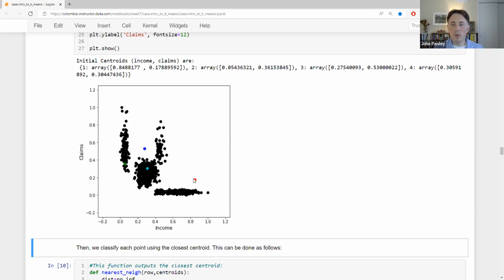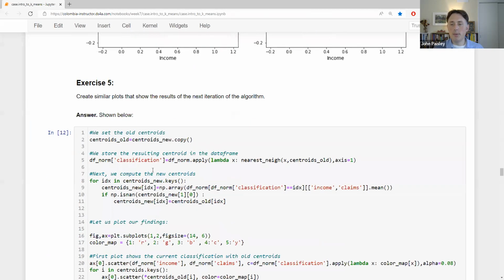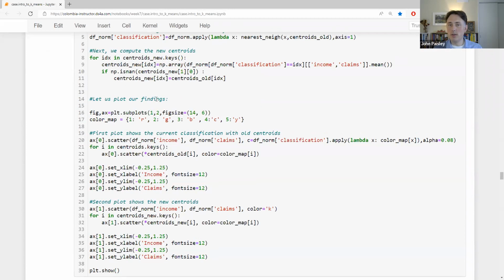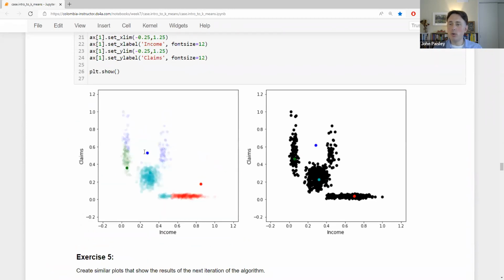If you put this red point over here next to the blue point, you still would get something at the end of the day for this data set that looks like this, because it's a very simple data set, low dimensions. What would happen is you just have to run more iterations, most likely.